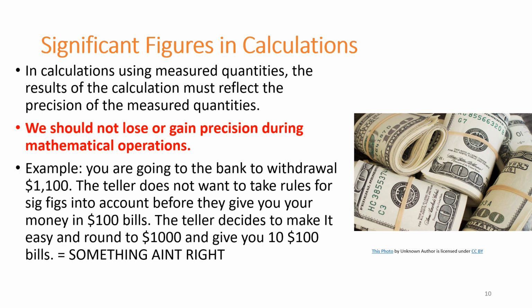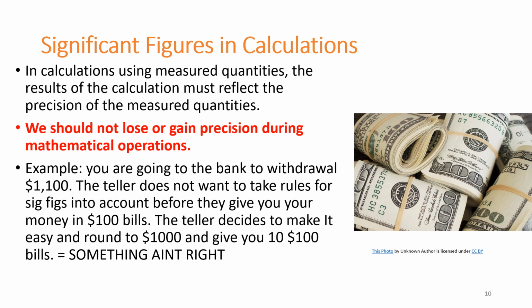To help you understand why it's so important to keep significant figures in calculations, I'm going to give you this example. You are going to the bank to take out some money. Specifically, it's $1,100. So you tell the teller, and the teller is kind of being lazy. They don't want to take it into account.